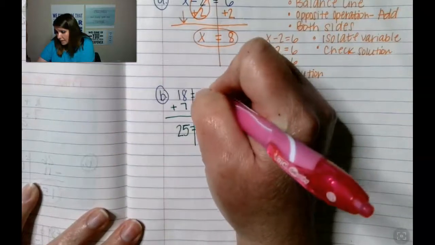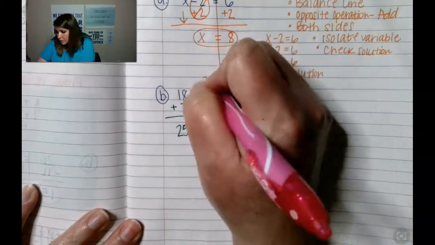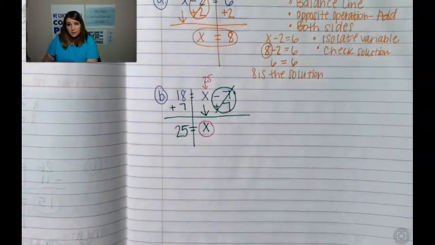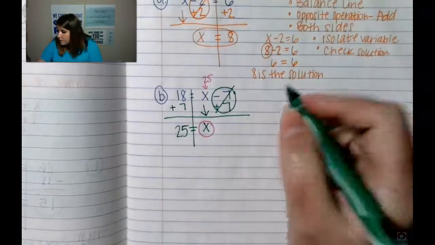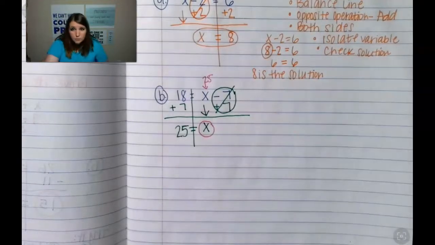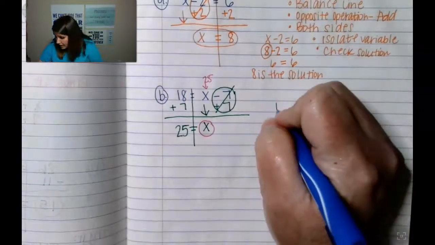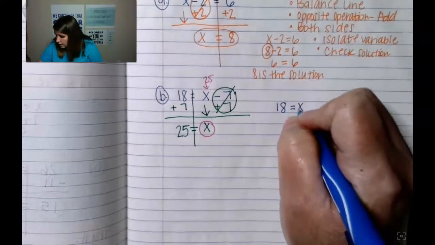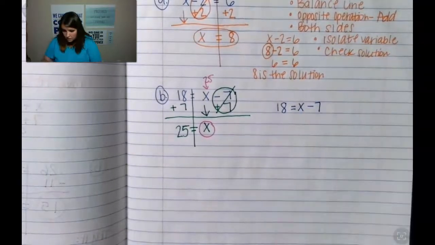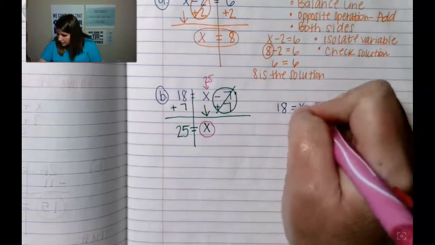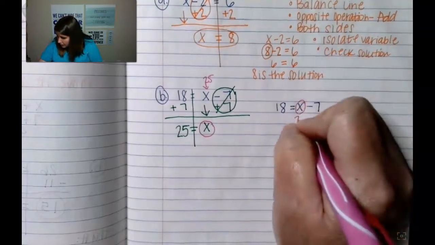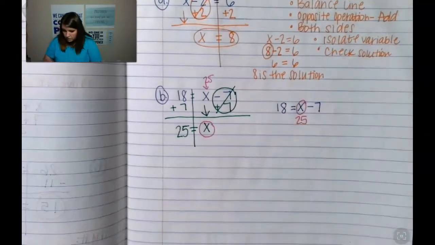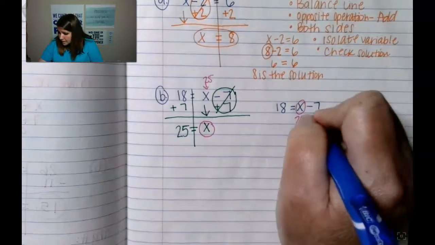So where I see x, I'm going to put 25. So I'm going to rewrite this problem and say 18 is equal to x minus 7. And instead of x, I need to put 25 minus 7.